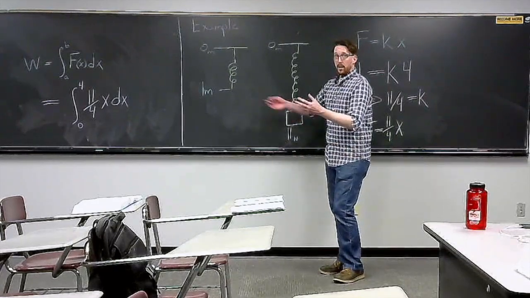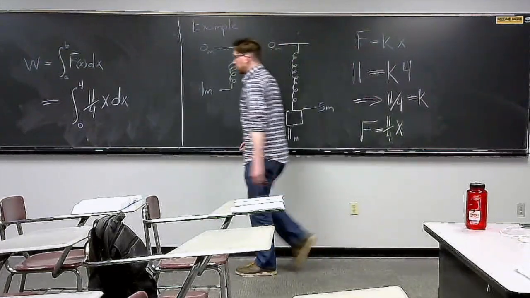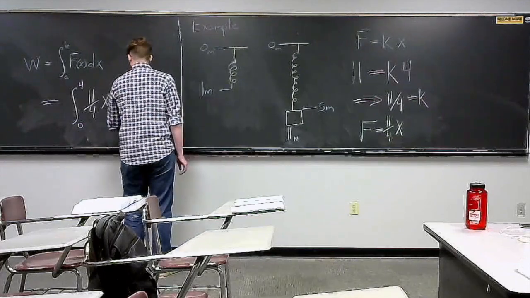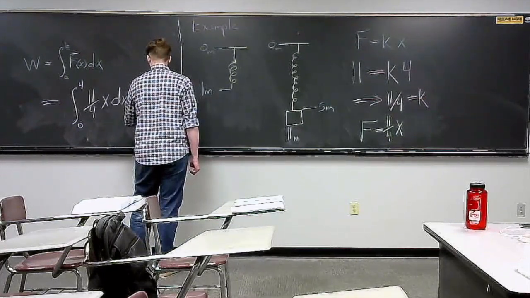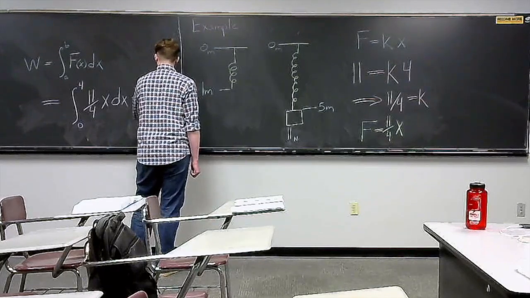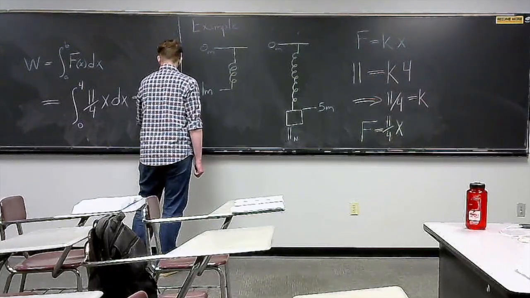Now we just integrate it like we normally would, right? This is going to come out to be 11 over 8 times x squared, evaluated from 0 to 4.